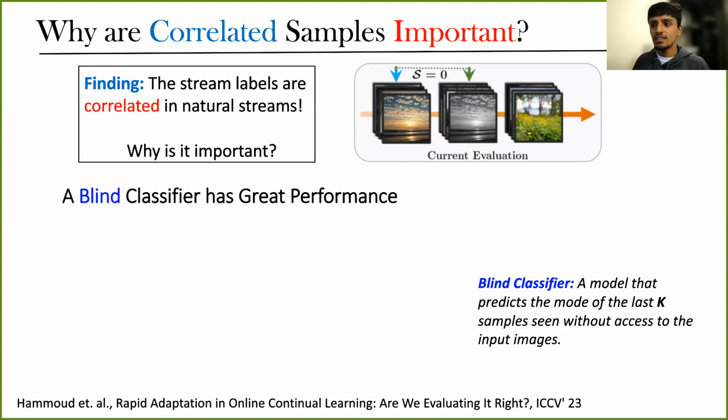The first claim we make is that the blind classifier has great performance. What is a blind classifier? A blind classifier is a model that doesn't have access to the images. It just takes the last k labels and predicts the most likely label as the next class. Essentially, it says the next incoming sample is going to be similar to the class of the last incoming samples.